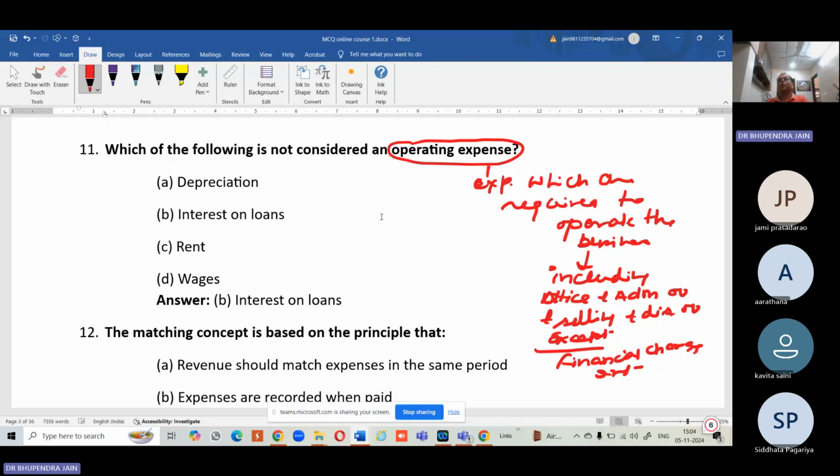So interest is not an operating expense. Clear? Depreciation is operating, rent is operating, wages is operating. So now the correct answer is interest. This is the correct answer.